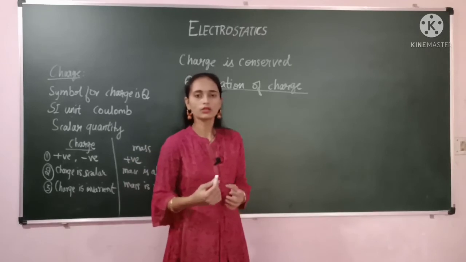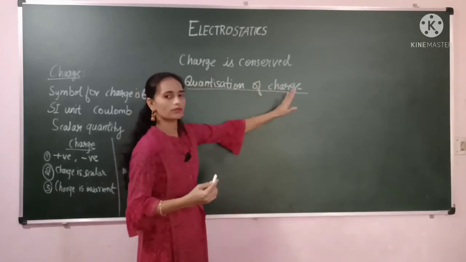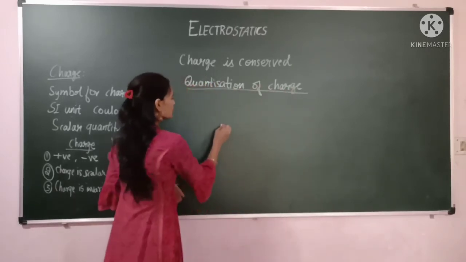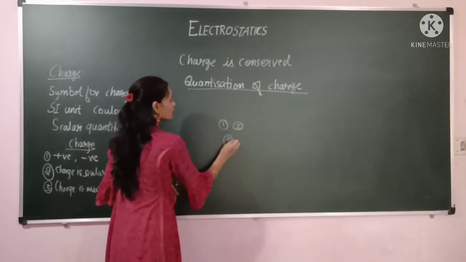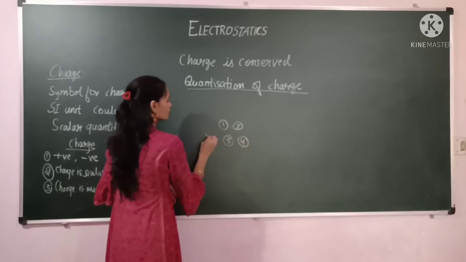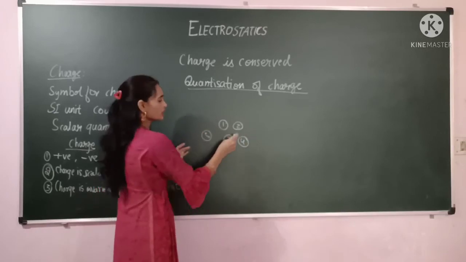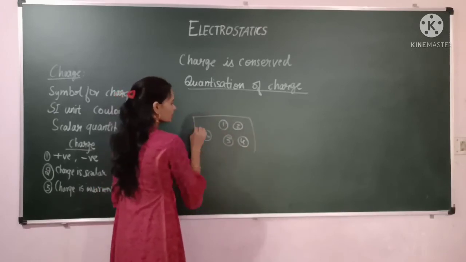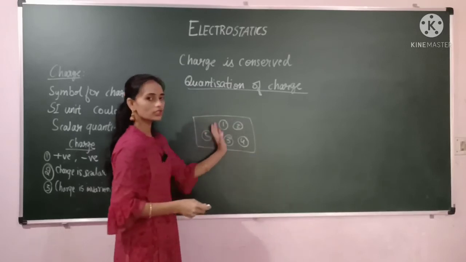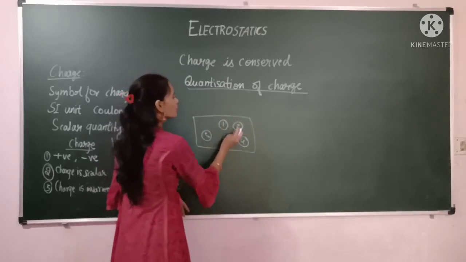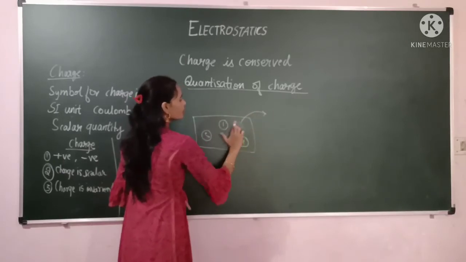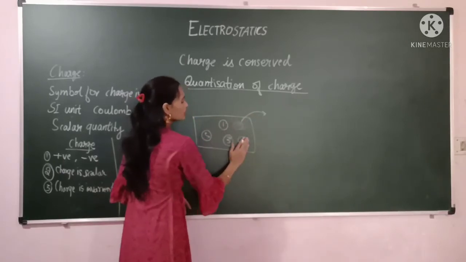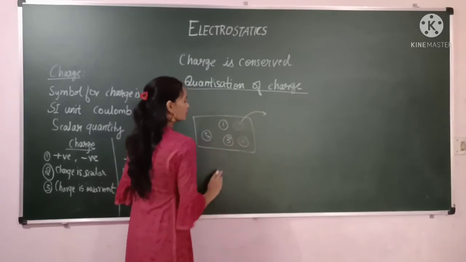Like that here also, suppose this is the first charge, second charge, third charge, fourth charge and fifth charge. If these charges are present in one body and we want to transfer charges from one body to another body, this one complete charge will be transferred.